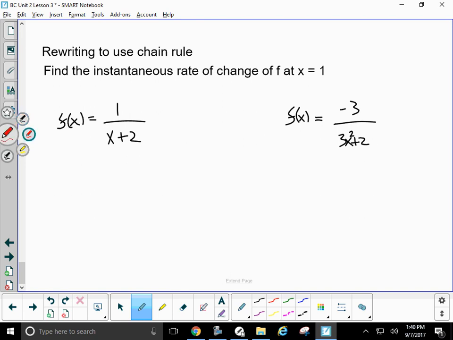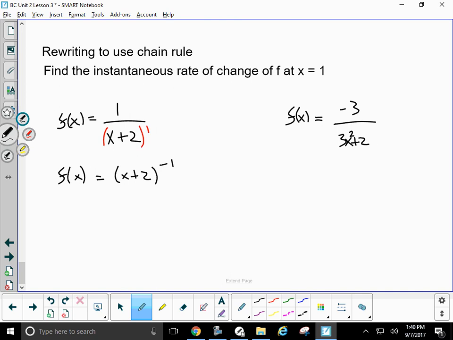Okay? So I want to find the instantaneous rate of change of this function at 1, so I'm going to have to take the derivative. Watch what I can do. I can put this denominator in parentheses and take it to the negative first power. And I could rewrite this as just x plus 2 to the negative first power.